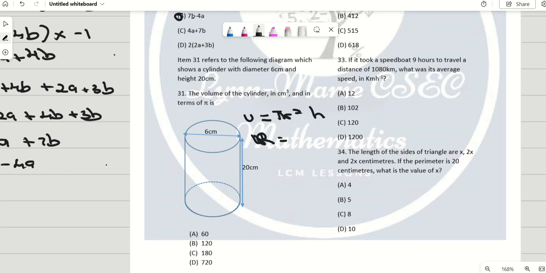Your radius is your diameter divided by 2. Your diameter is 6, so 6 divided by 2 is equal to 3.